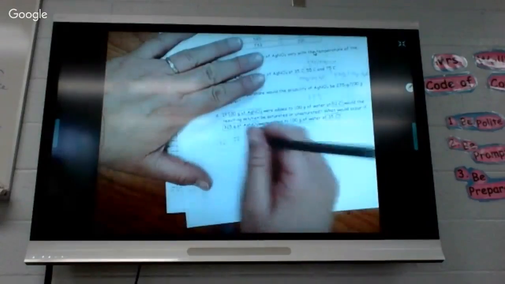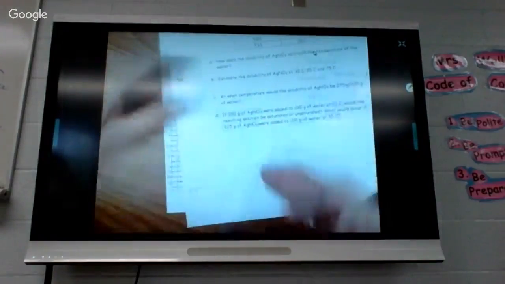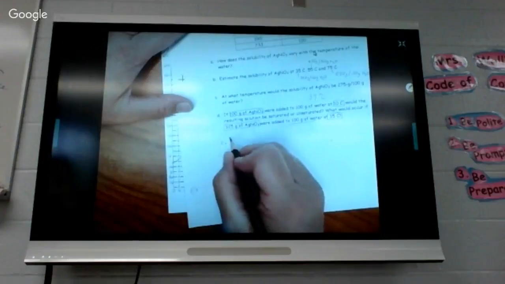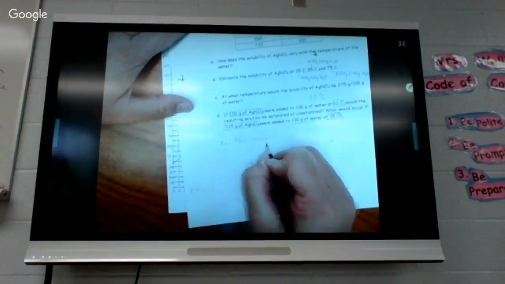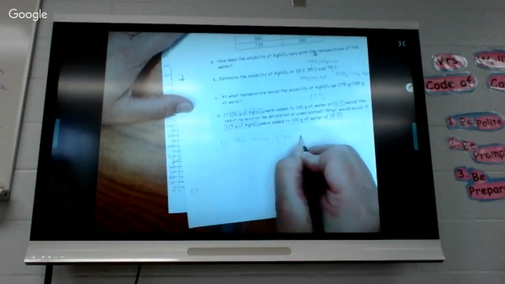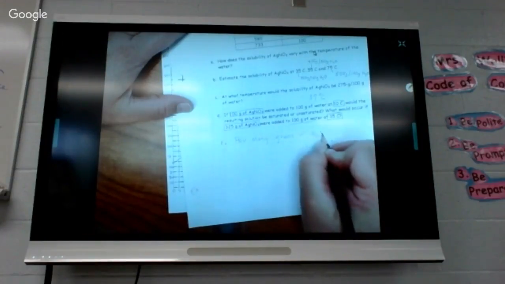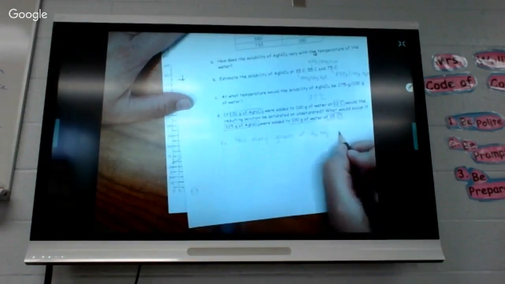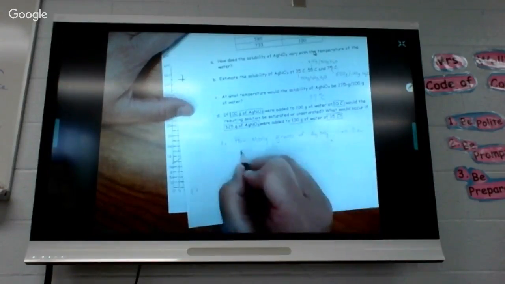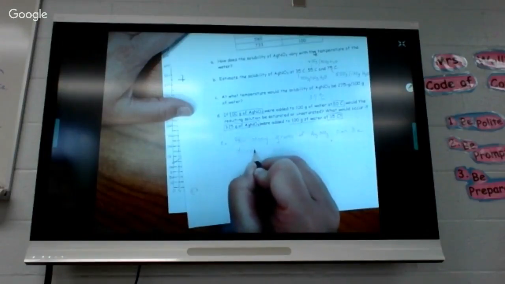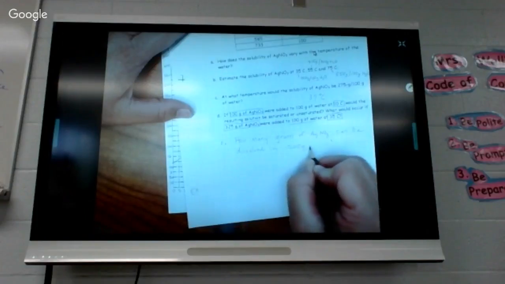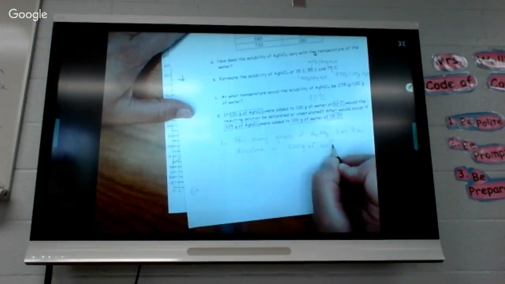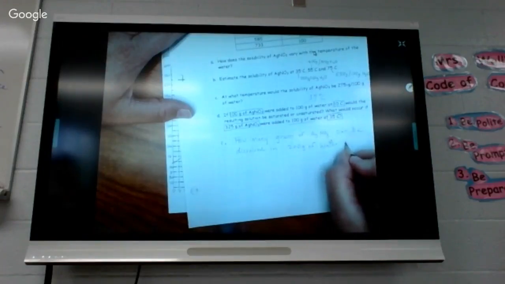All right. Let's say, how many grams of silver nitrate can be dissolved in 200 grams of water, let's just say at 50 degrees Celsius.